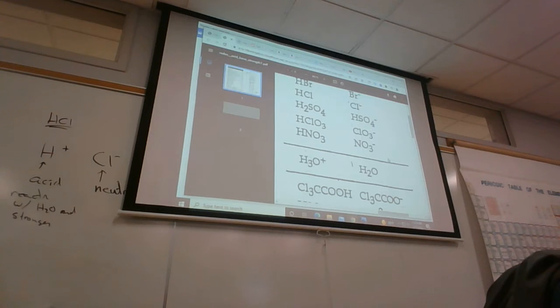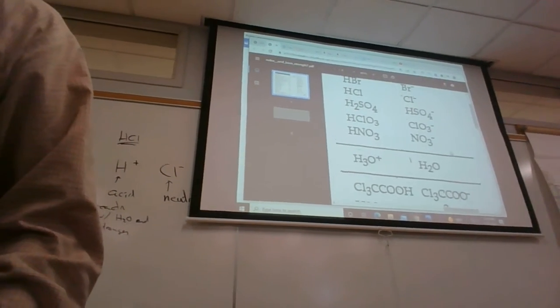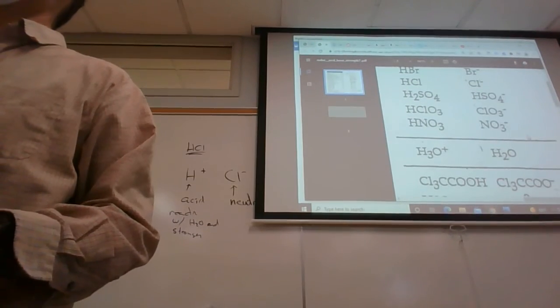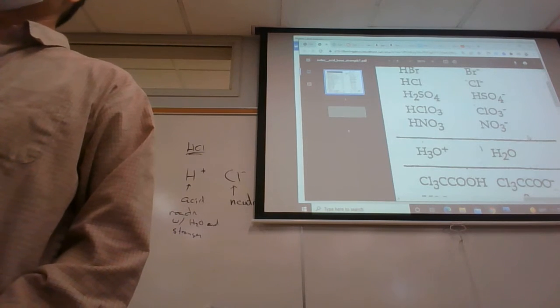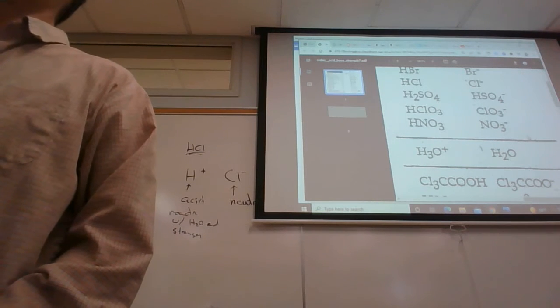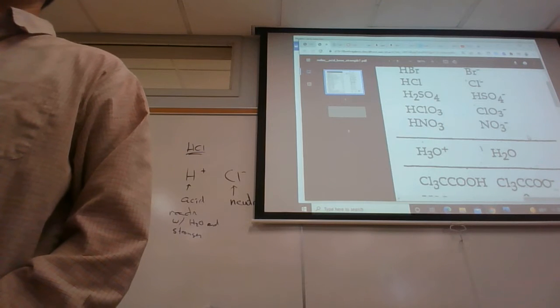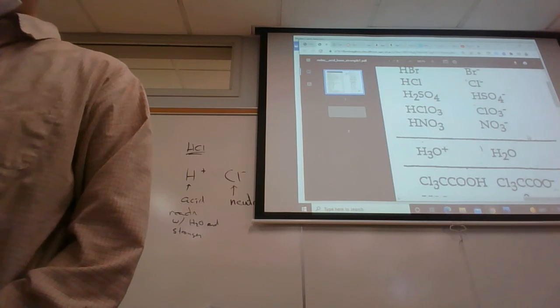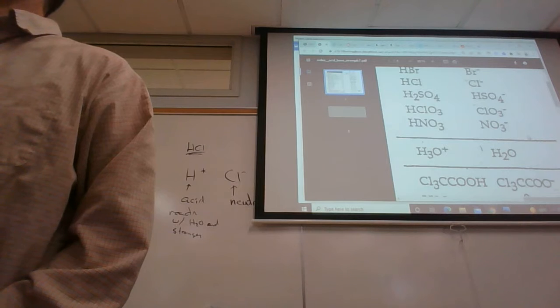Do you recall I was talking about Coulomb's law? Coulomb's law has two factors that we look at. What are the two things we look at in terms of reactivity? The charge and the distance.